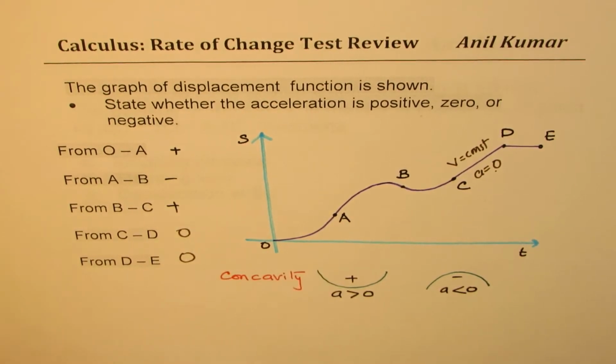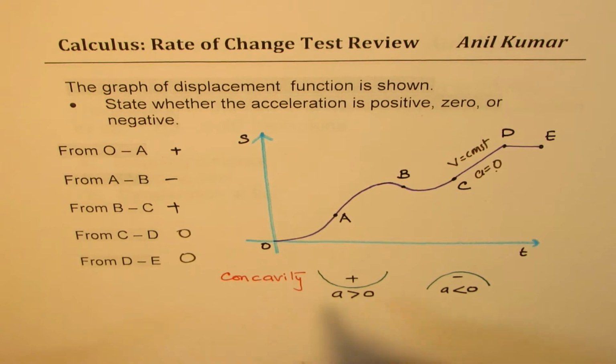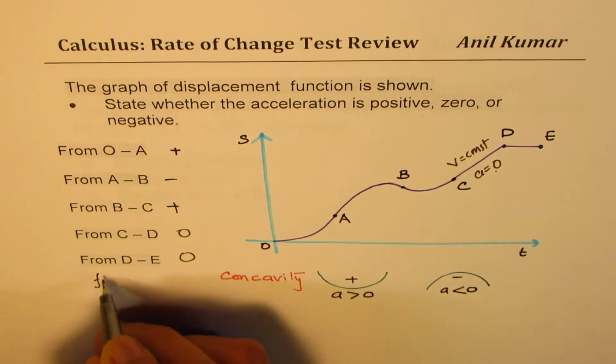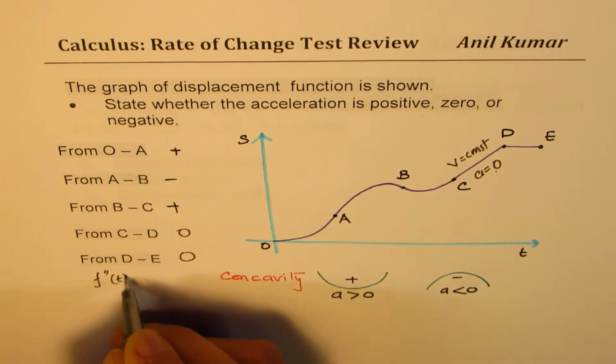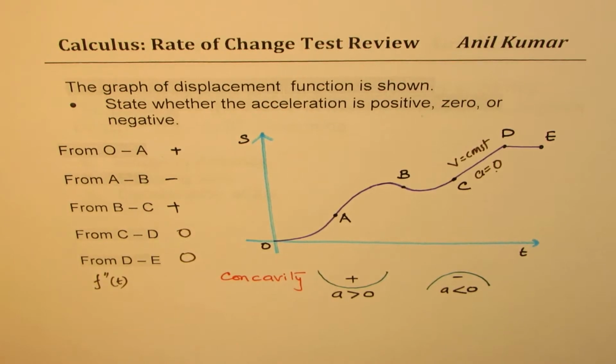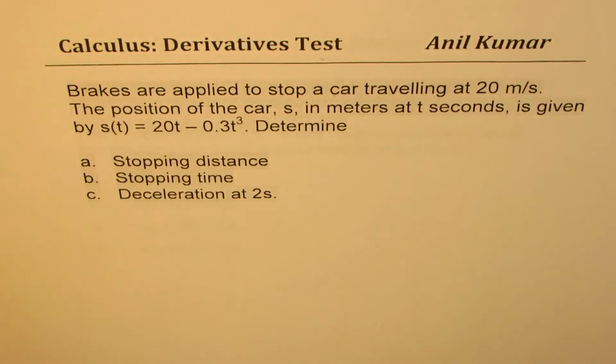So I hope that is clear. So to analyze acceleration, or we can sometimes say second derivative, in this case function of time, you have to look for concavity, not the tangent. To analyze first derivative, you have to look for tangents, right? So I hope this point is well taken care of.